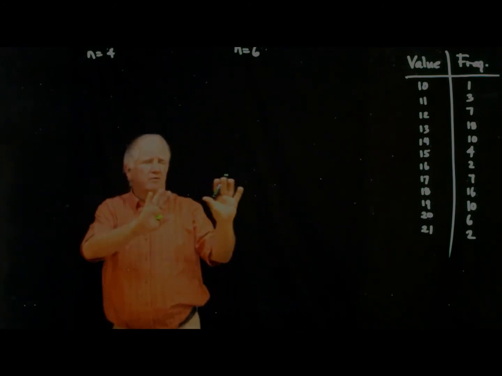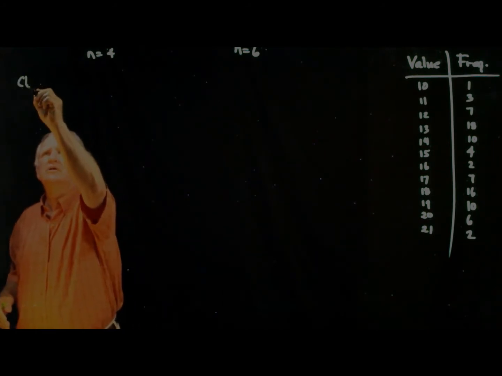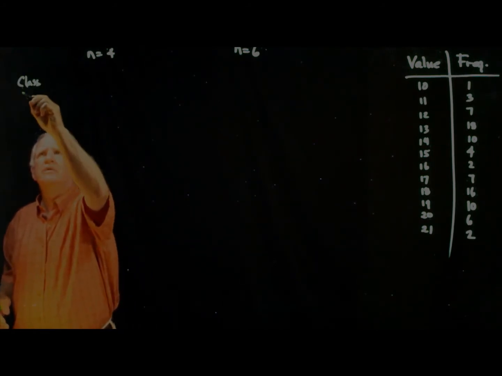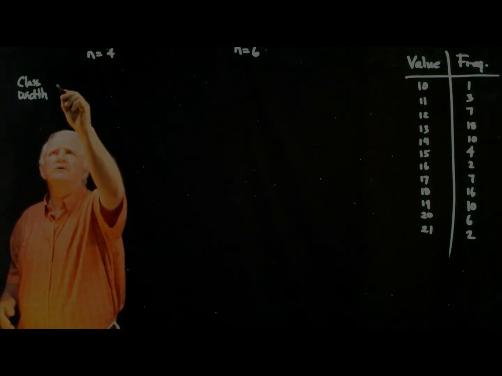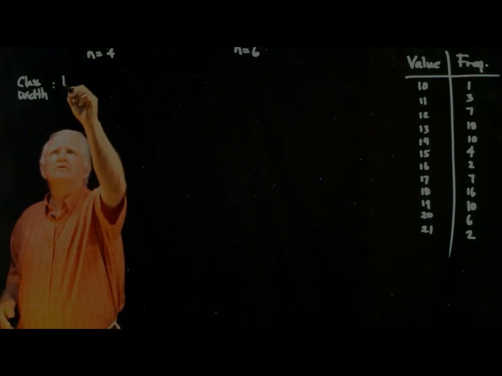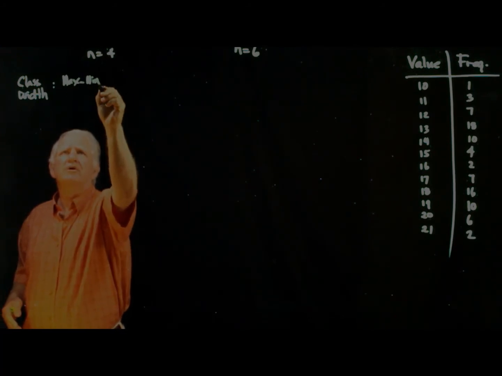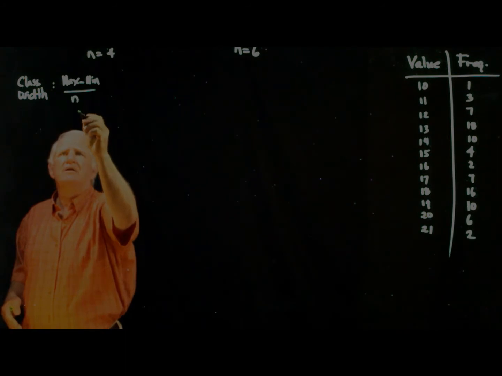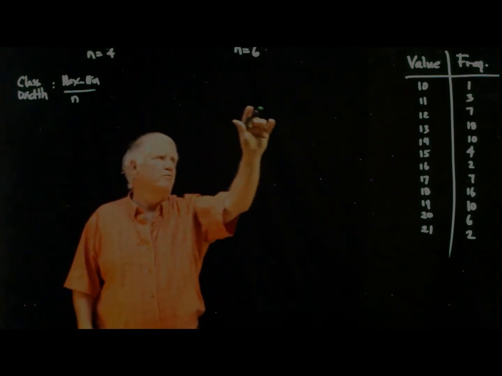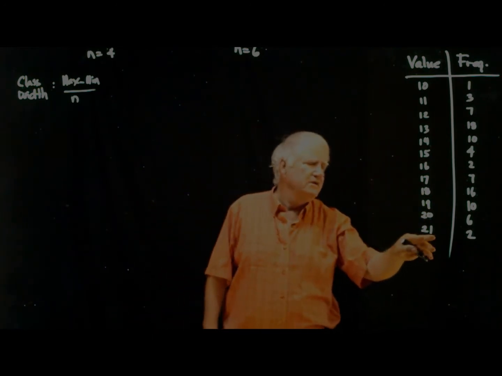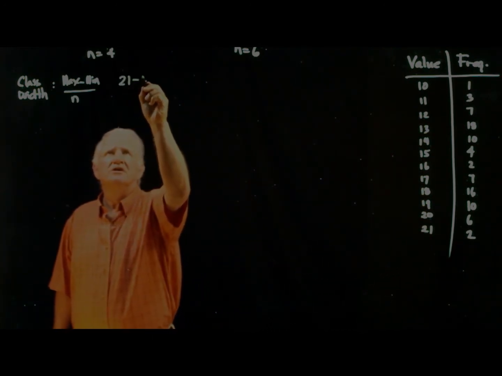Okay, so if we want to get started on both of these, the first thing you have to do is calculate a class width. You might remember that to do so, all you have to do is find the maximum value, the minimum value, and then divide by the number of classes. In both cases, the maximum value is 21, the minimum value is 10.